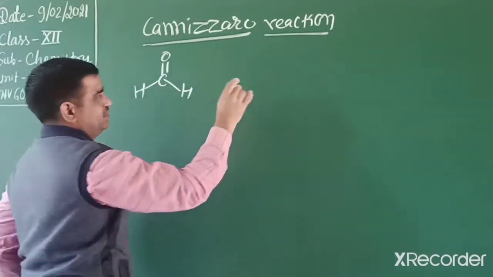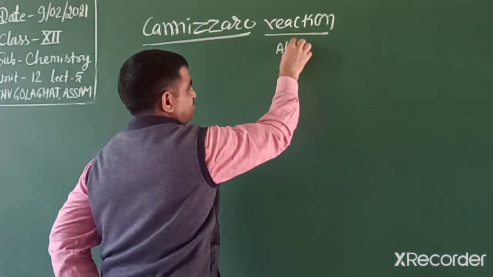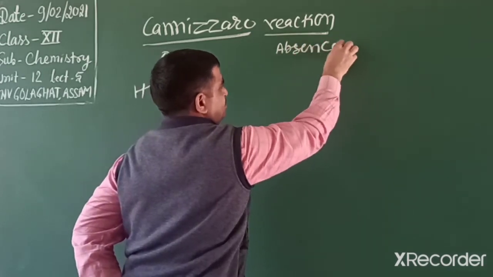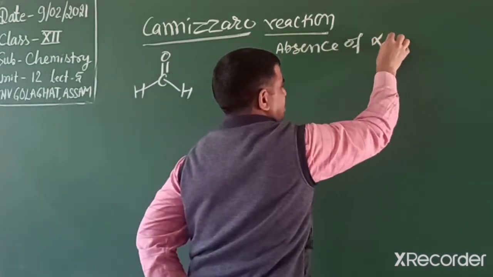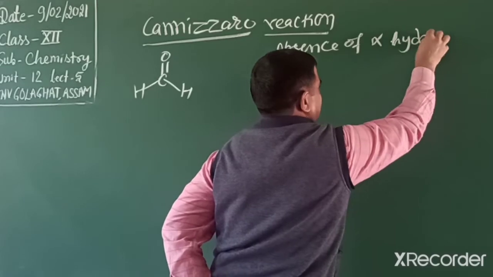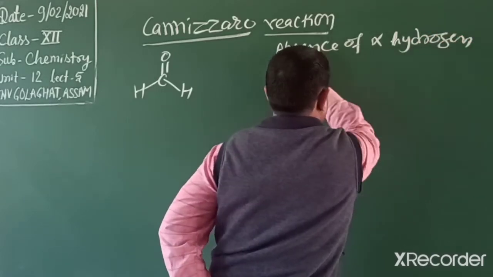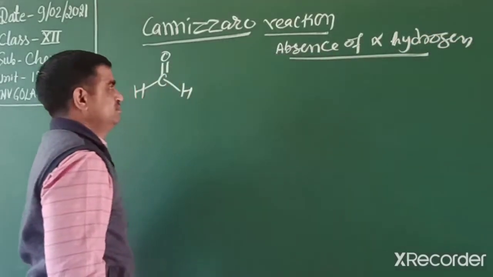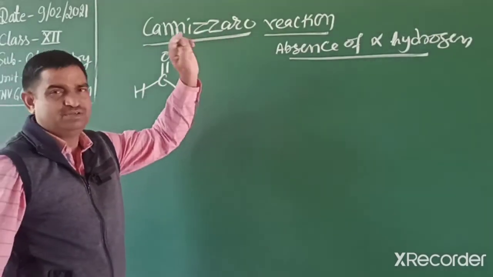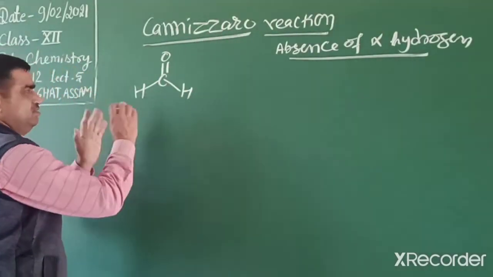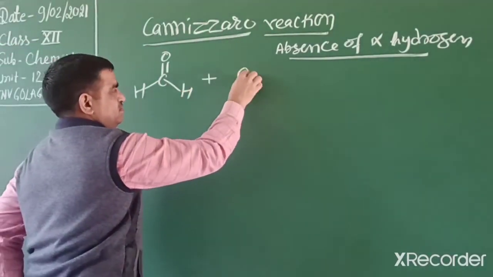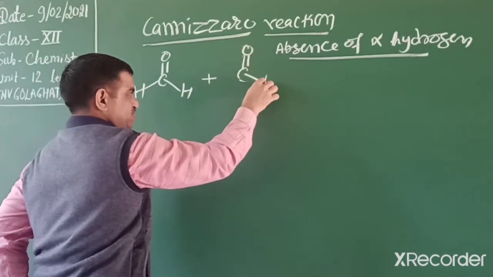In this reaction condition, the absence of alpha hydrogen means that those aldehydes having no alpha hydrogen disproportionate to each other.